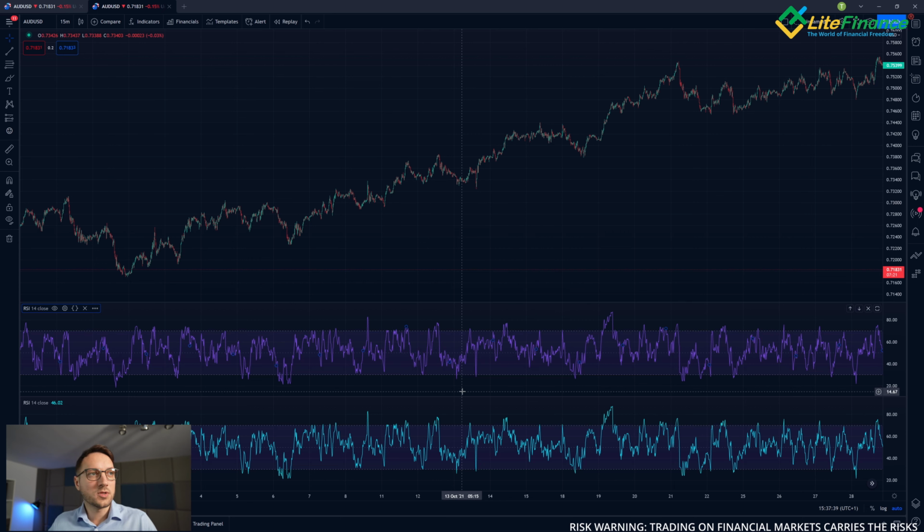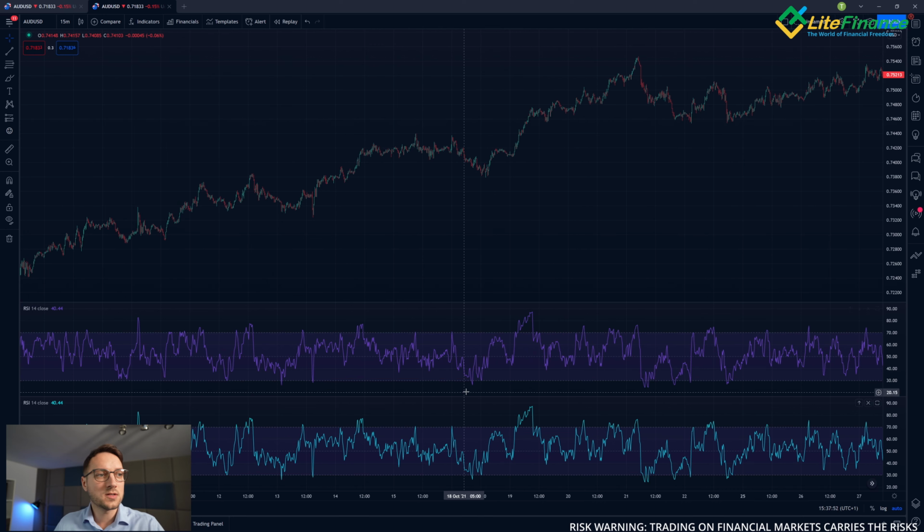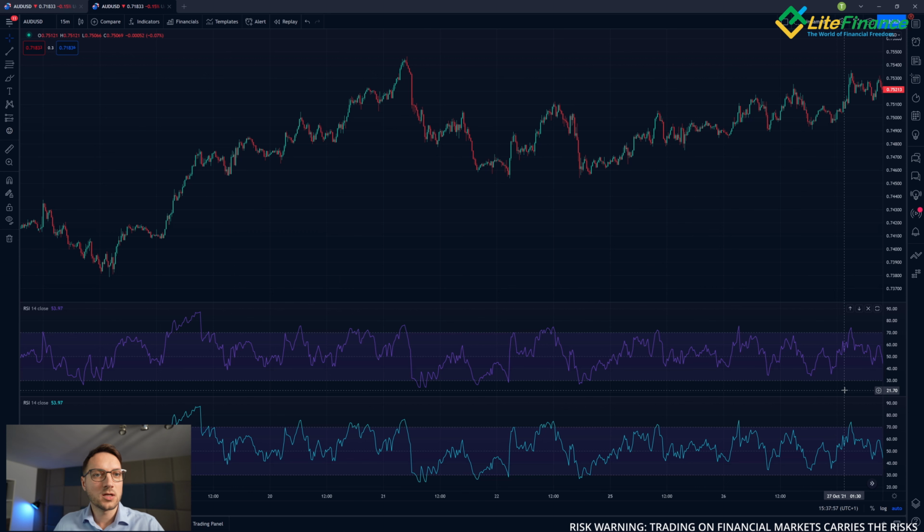If you are not familiar with the RSI indicator, more or less you are using the RSI to filter the overbought and oversold zones. So when the indicator is below the 30 line, which is over here, this should suggest that the market is currently oversold, and when it is above, it should suggest that the market is overbought.